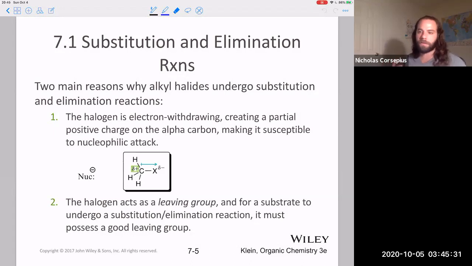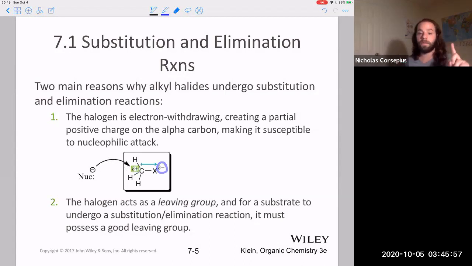There's some weird factor that size plays. But there's going to be a lot more electron density on the halogen portion of your alkyl halide, which leaves you with a deficit of electron density, or a partial positive charge, on the carbon. That makes that carbon a good electrophile, meaning that it can be susceptible to nucleophilic attack.